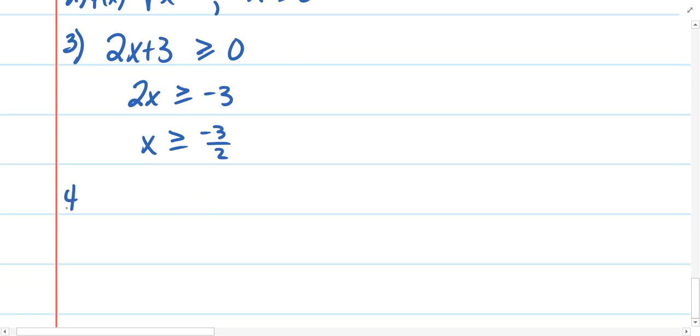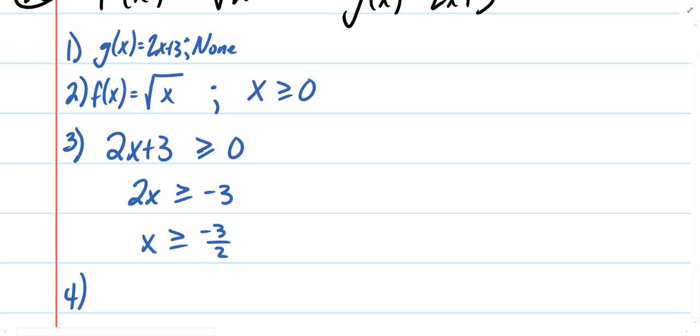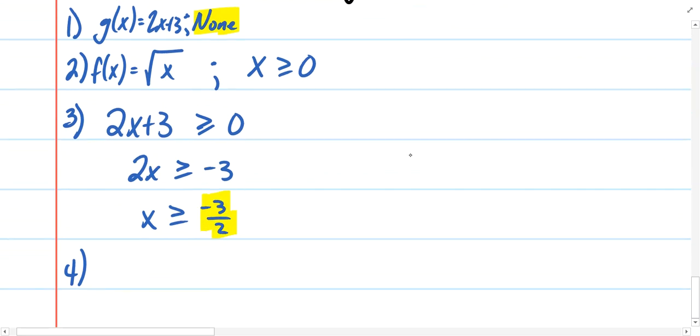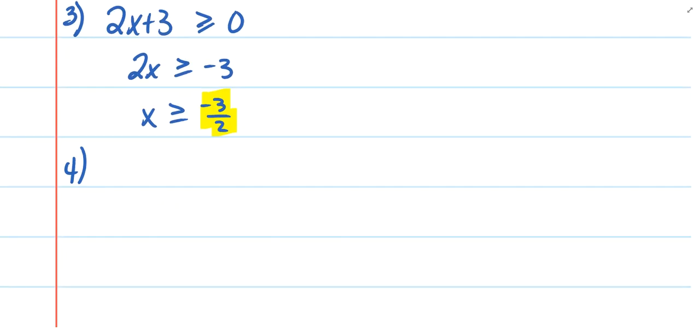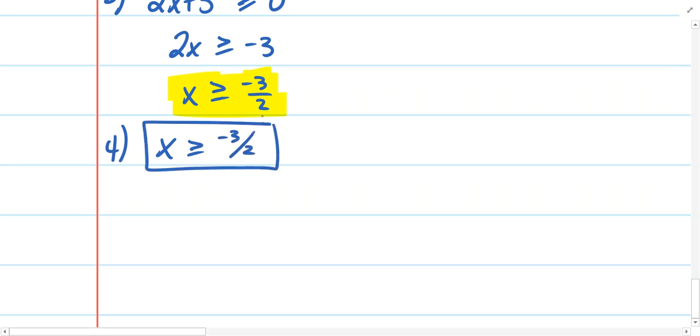So then when we combine our answers for step 4, the restrictions for the composite function would be the combination of 1 and 3. If there are no restrictions from step 1, combined with these restrictions here in step 3, then we would simply say that for the composite function, in all cases, x must be greater than or equal to negative 3/2.